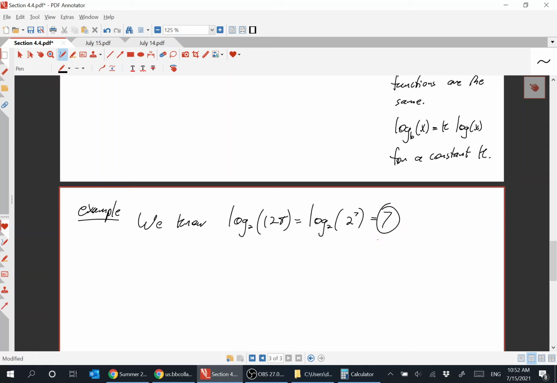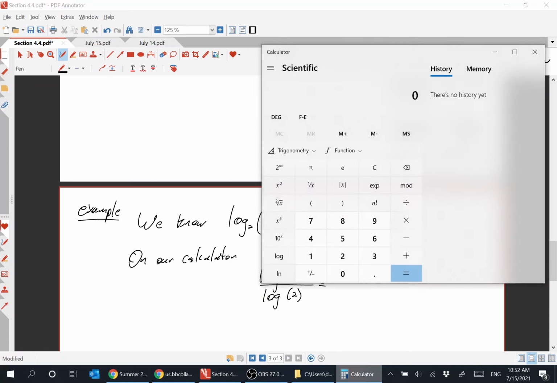Let's check on our calculator. The log of 128 over the log of 2 is going to be equal to 7. And calculators are usually hardwired to detect that kind of thing.